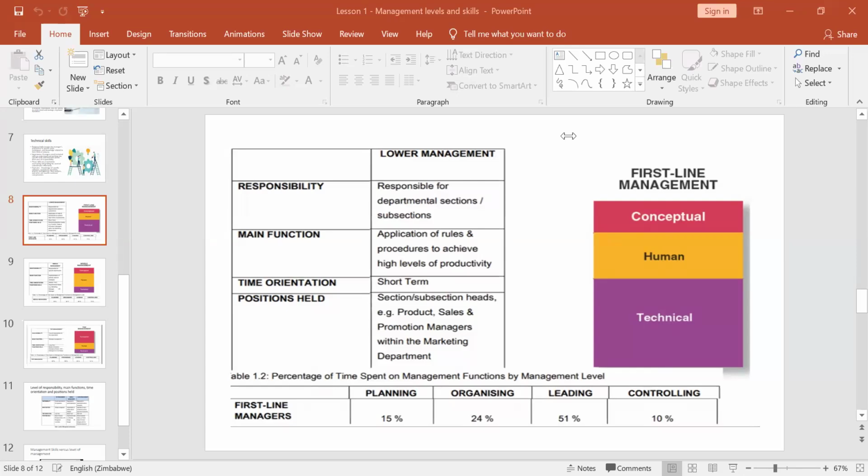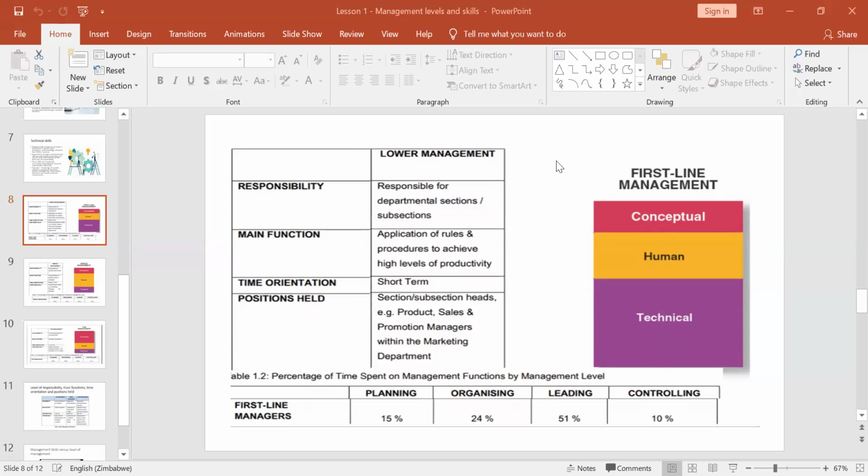So let's look at the link between the level and the skill. One thing I want you to realize is that as a manager, you need all the 3 skills. However, you need them in different doses. You don't need all the 3 skills in equal levels of proficiency.